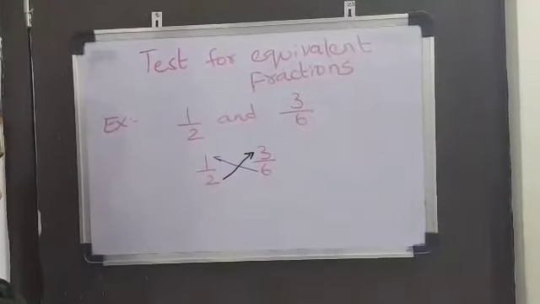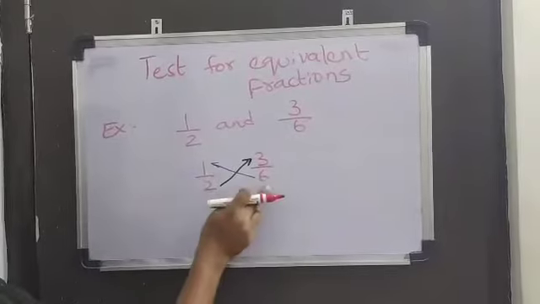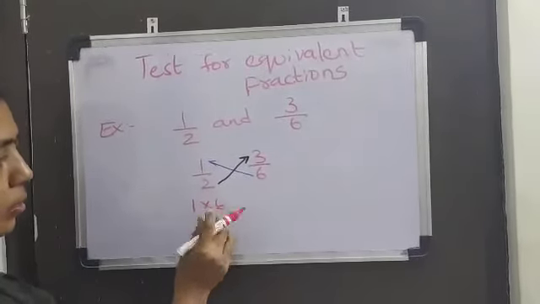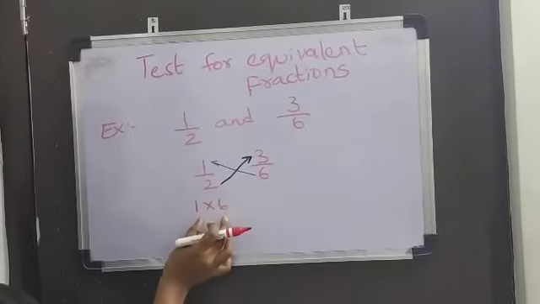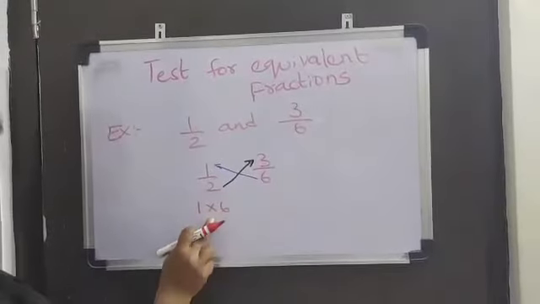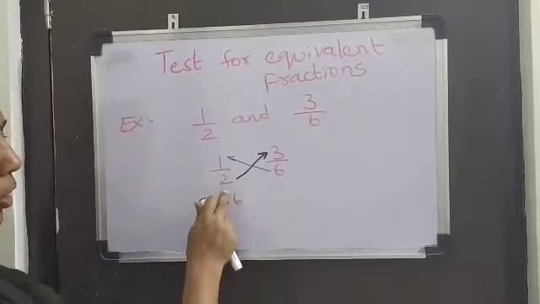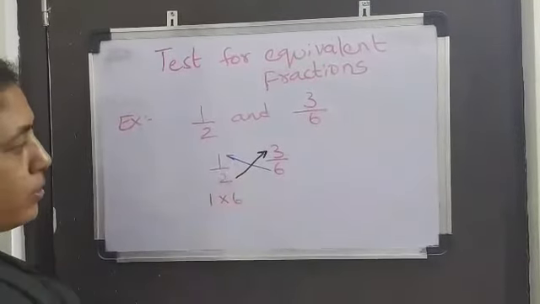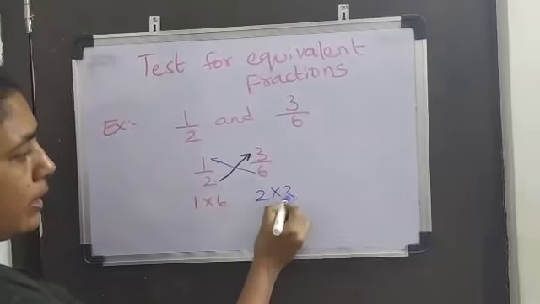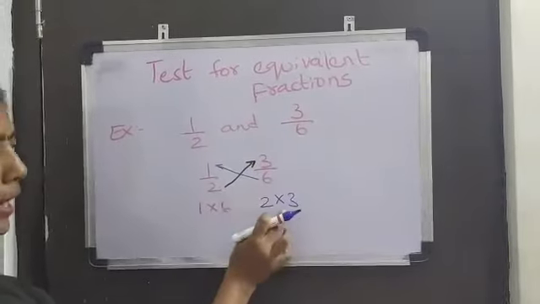Now what you have to do is, first this numerator into this denominator you multiply. So that is 1 into 6. Write exactly below this fraction. Now next is what? This denominator and this numerator. So this denominator into this numerator means 2 into 3. This you write just below the second fraction.